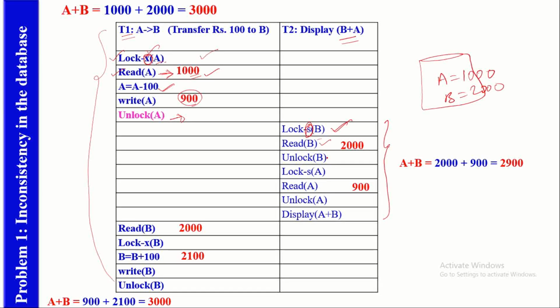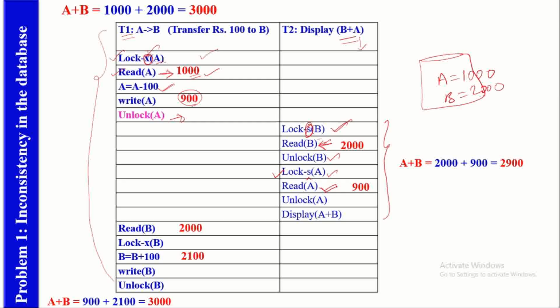After performing its operation, it unlocks it. Then again, it wants to do a read operation on A. So it sends a shared lock request on A. Immediately this request will also be granted by the concurrency control manager. Once it is granted, it can perform the read operation on A. Students, you can notice here that when it performs the read operation on B, the current value of B is 2000, and that value will be read by T2.